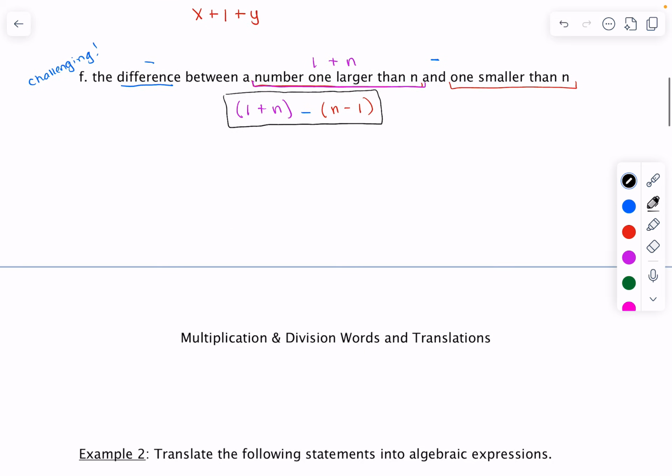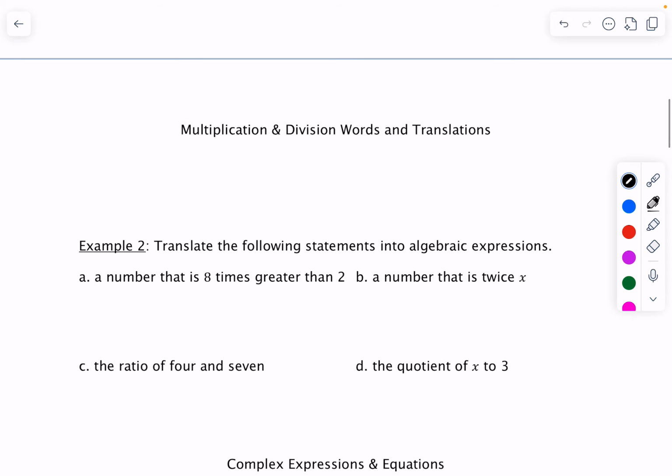All right, let's move on to multiplication and division. Let's talk about what some of those words are. For multiplication, we have words like times, twice, or double. That means multiply by 2.